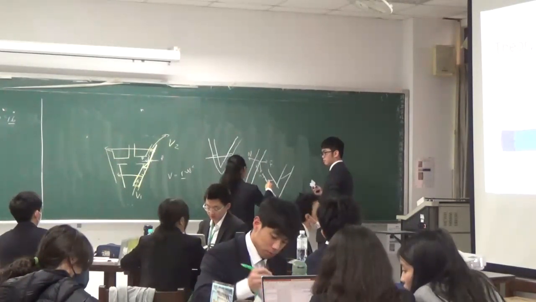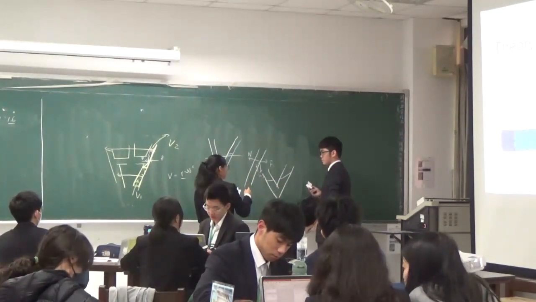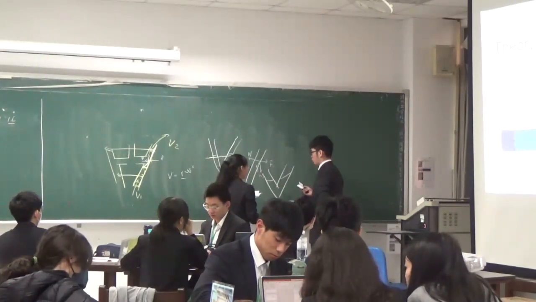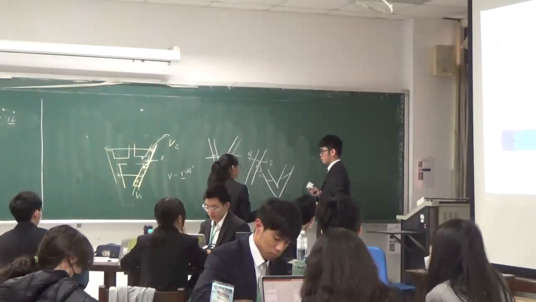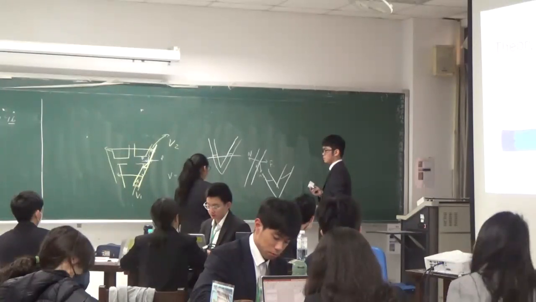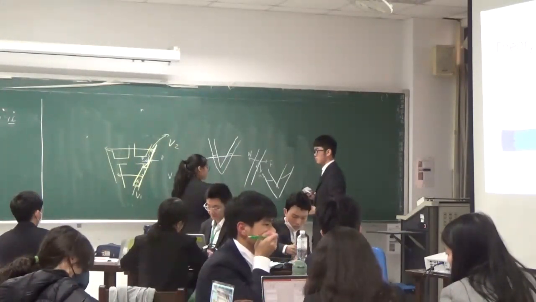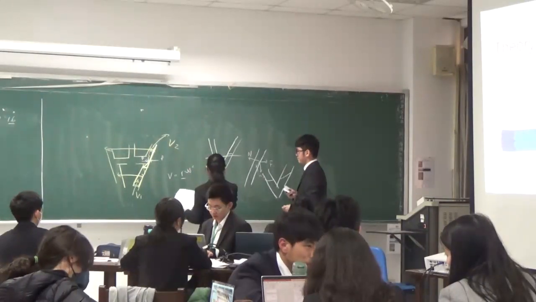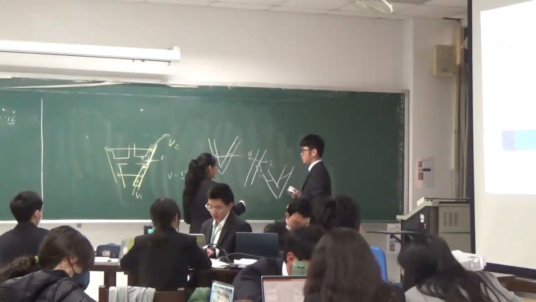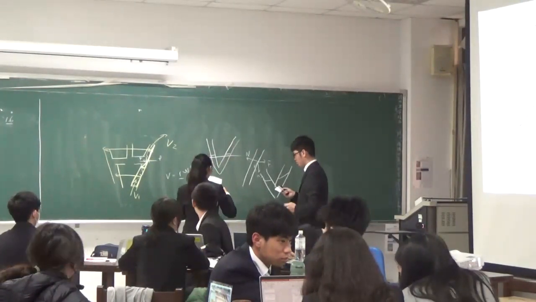So why did you still use Bernoulli's principle and not consider the energy loss? Do you think there is a better principle I can use? I think you should add some consideration of the energy loss in your Bernoulli's principle, depending on whether the flow is laminar or turbulent. Oh, okay.